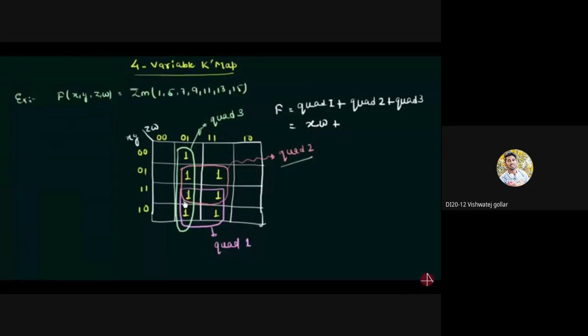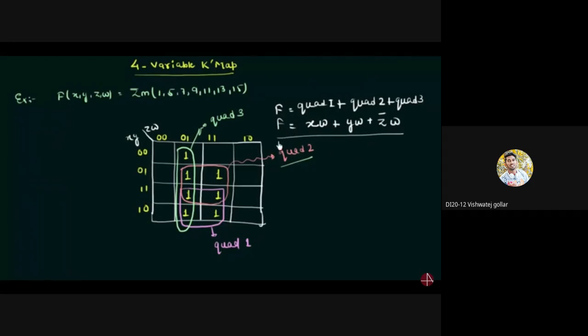Plus quad 2: y is the same, 1, and these two columns are the same as the previous, so we write w as it is, yw. And quad 3: x and y are changing from 0 to 1, but z and w are not changing, and z is 0 and w is 1, so I can write z bar w. So this is your answer, this is your function, which is the reduced form.